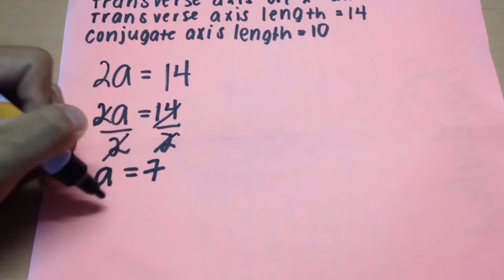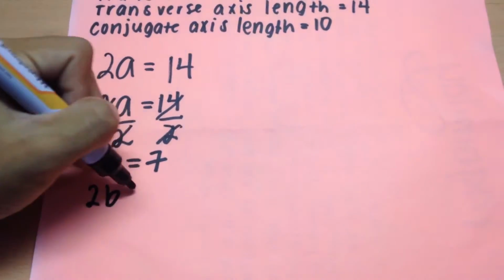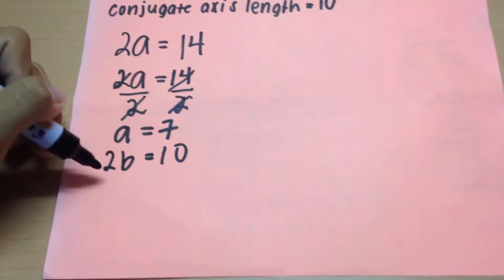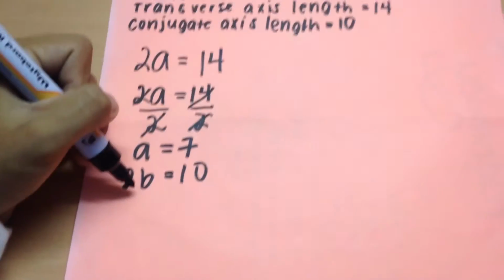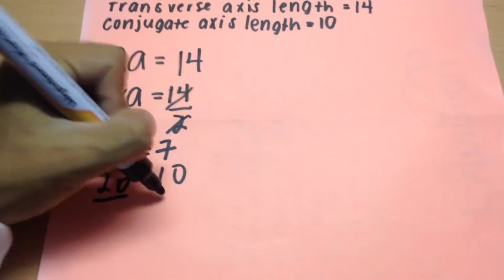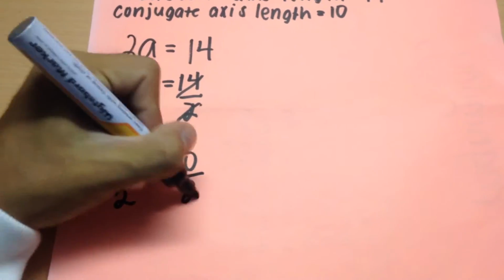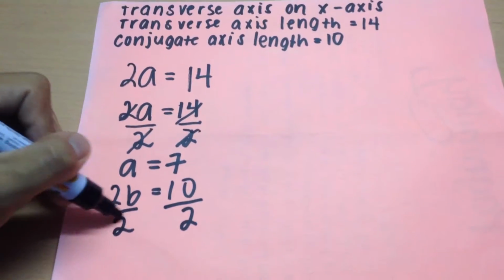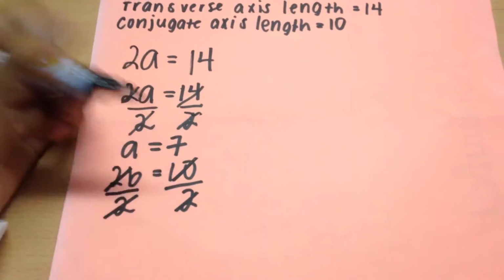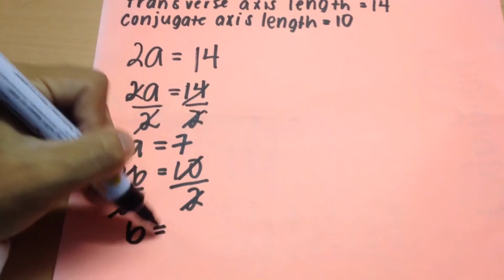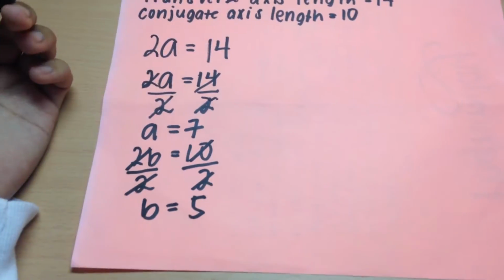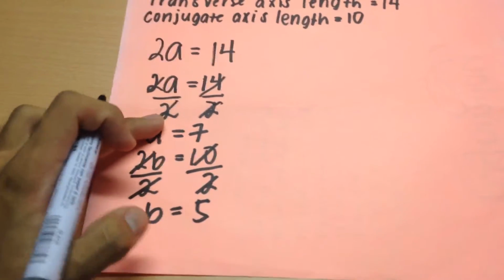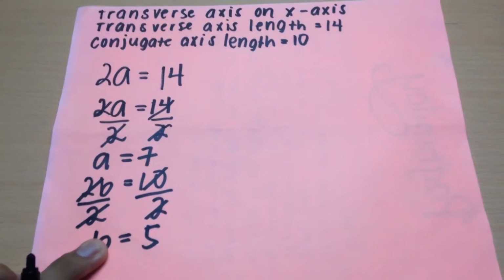Let's now equate 10 to 2b and find the b also. So the value of a is 7 and the value of b is 5.